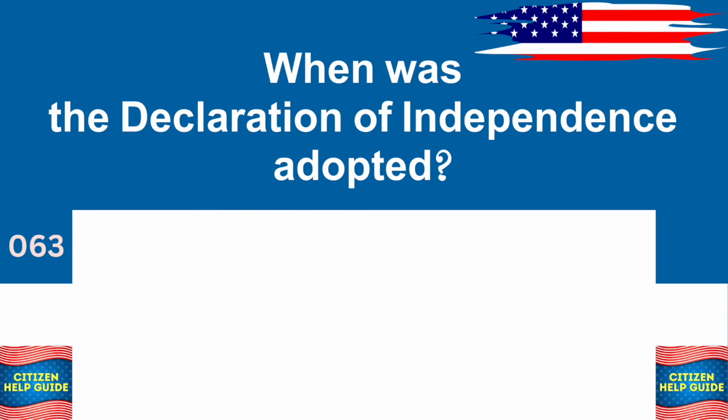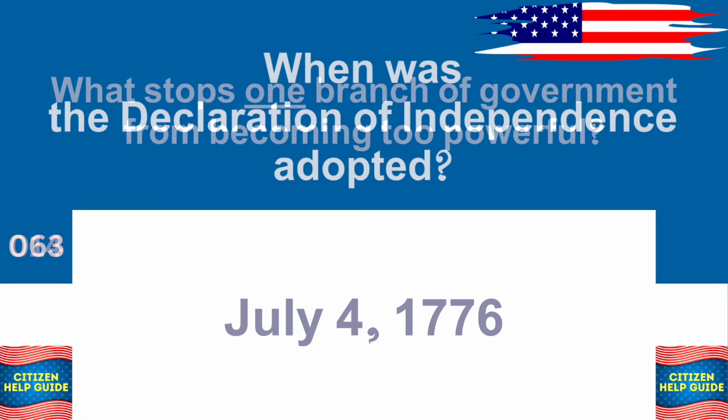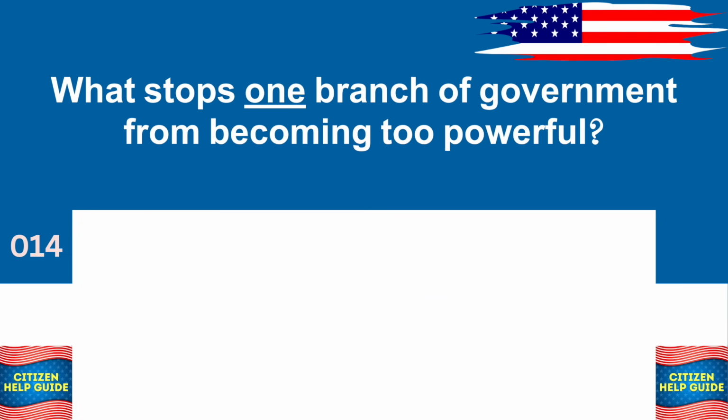When was the Declaration of Independence adopted? July 4th, 1776. What stops one branch of government from becoming too powerful?